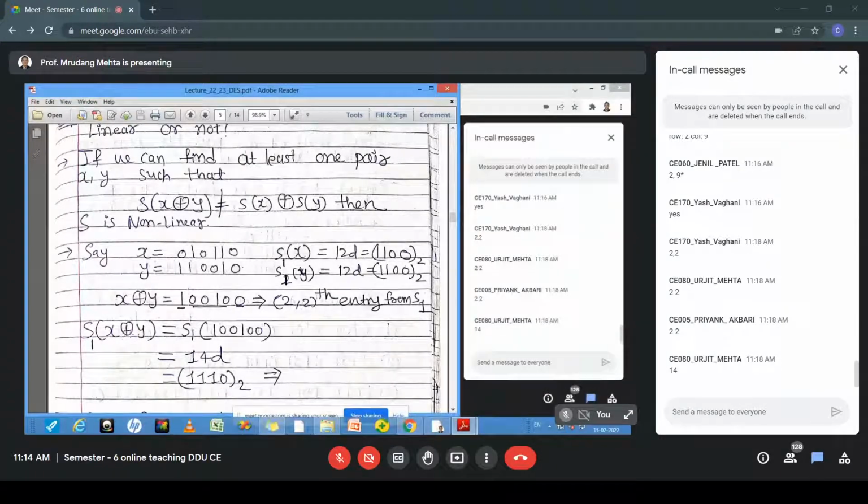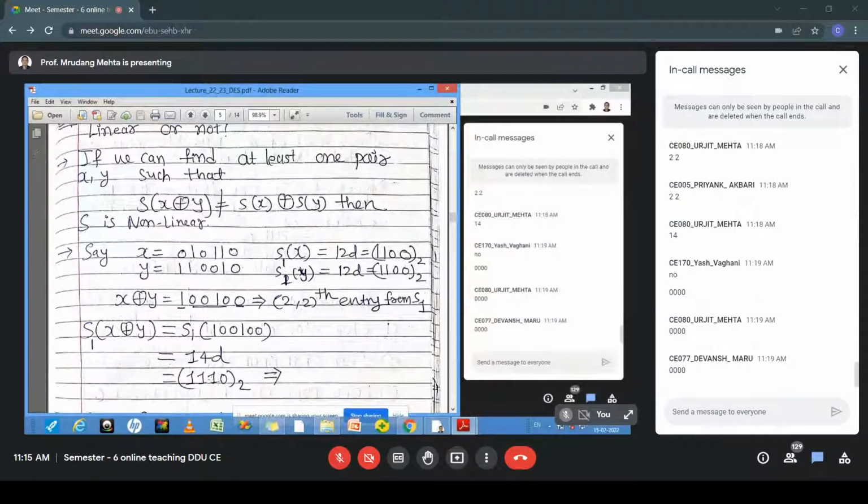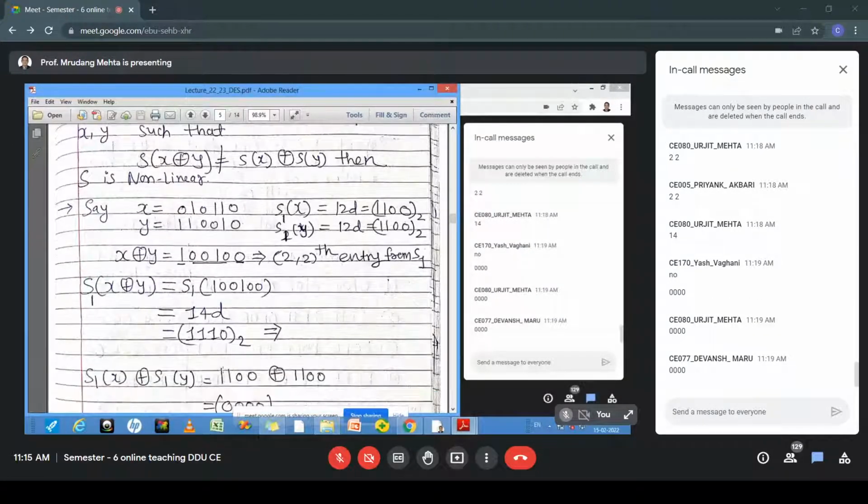Okay. So now we should check whether S1 of X XOR Y is equal to S1 of X XOR S1 of Y. You try to find out this. Please do this. 1100 XOR 1100. So what is the result of 1100 XOR 1100? 0000, and it is clearly not equivalent to 1110, right?